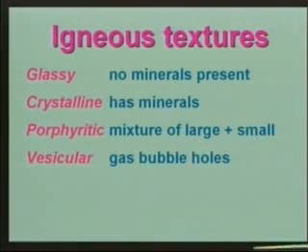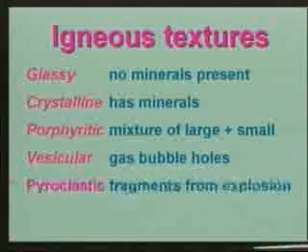That one I showed you with all the gas bubbles in it, we call that vesicular. Of course, most of the gas is released and goes into the atmosphere, or it might get dissolved in water. Sometimes minute parts can be trapped.